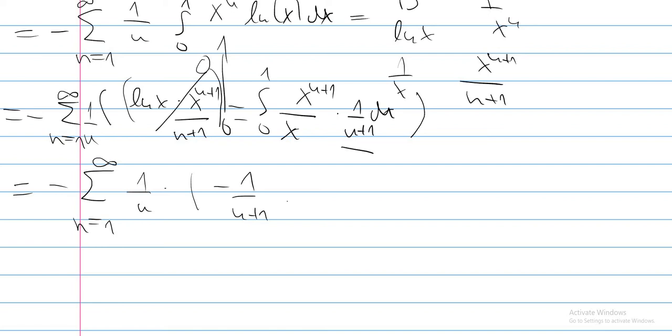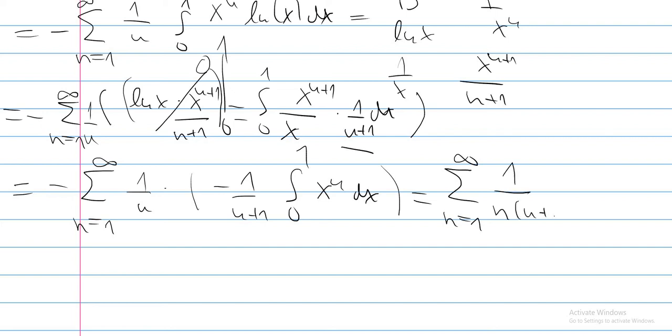And this integral is just an integral from 0 to 1 of x to the n dx. And as you can see, this is easily evaluated. Minus and minus will cancel each other out. We will have a sum running from n equals 1 to infinity of 1 over n times n plus 1 squared.